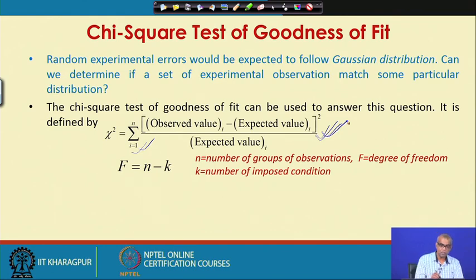Let us define another term known as degrees of freedom, which is n minus k, where n is the number of groups of observations, also known as the number of cells, and k is the number of imposed conditions.